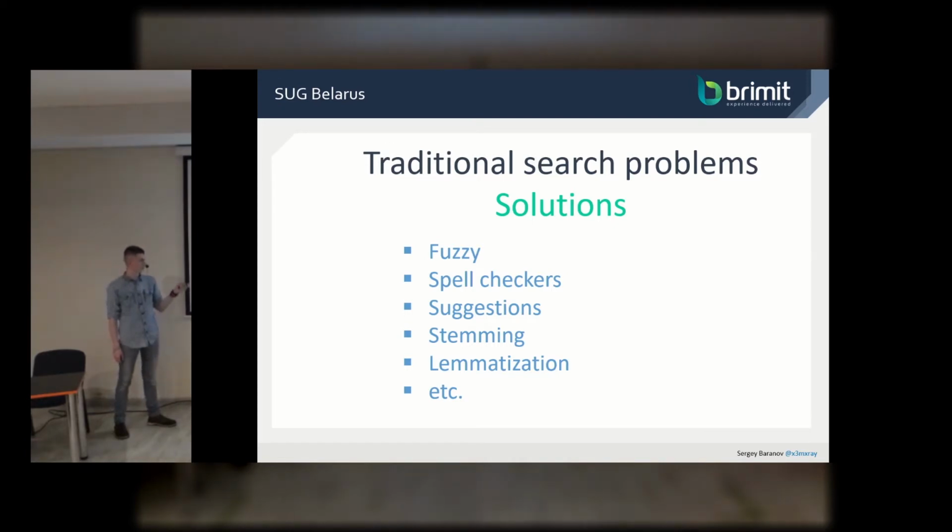Also, you can use stemming and lemmatization if you want to find forms of your keywords. For example, if your keyword is misunderstanding, you will find text that can contain words like understood or something like this.